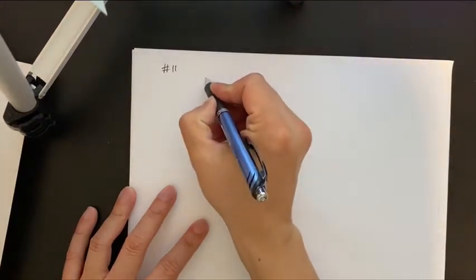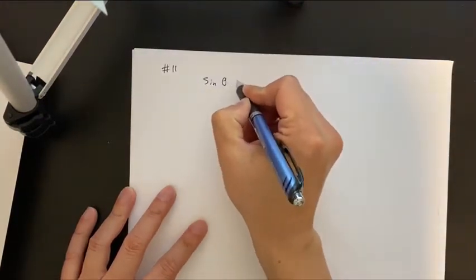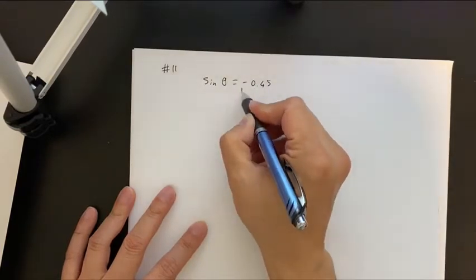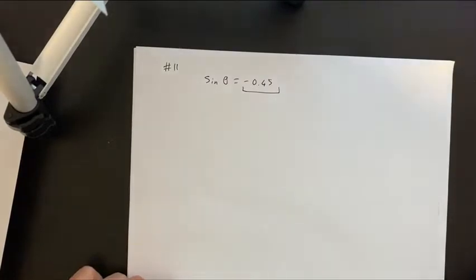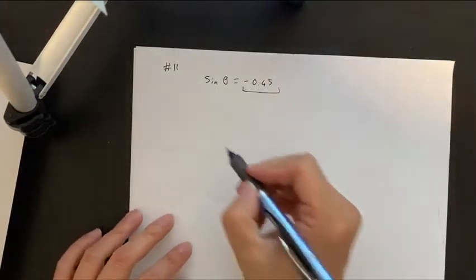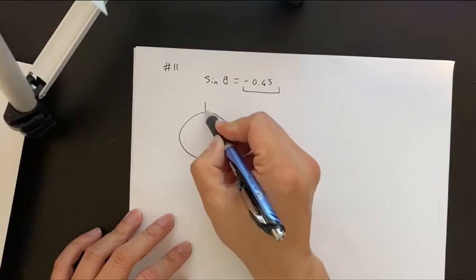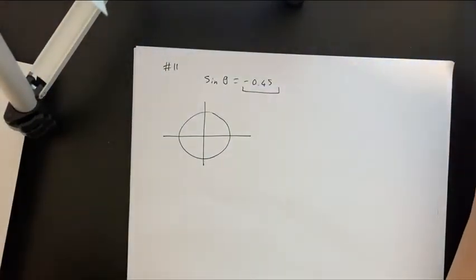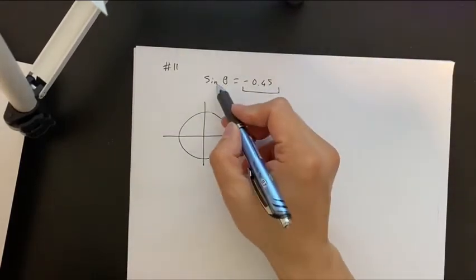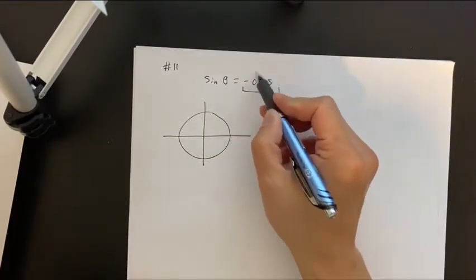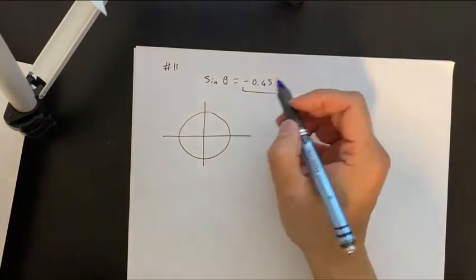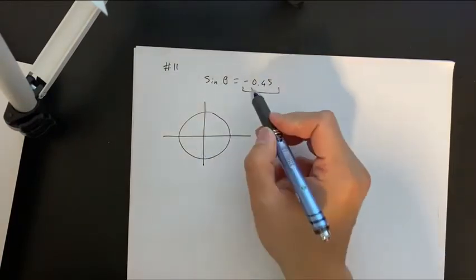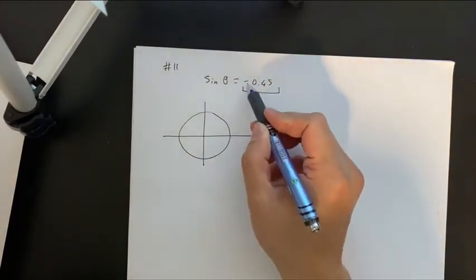So for 11, you have sine of theta is equal to -0.45. That is not a nice value for sine. I have to figure out what angle would give me this value. Well, sine is going to give me a y value. So this is my y value. So I can at least narrow down what quadrant I should be in, such that my y value is negative.